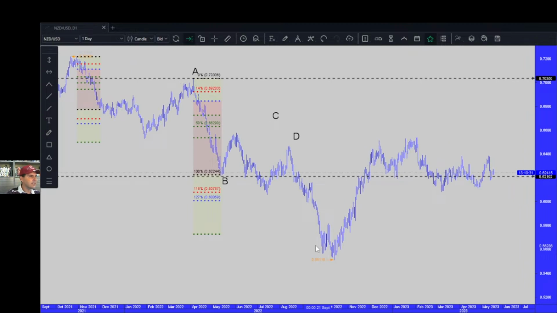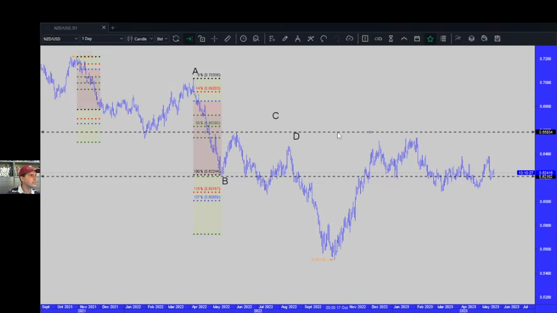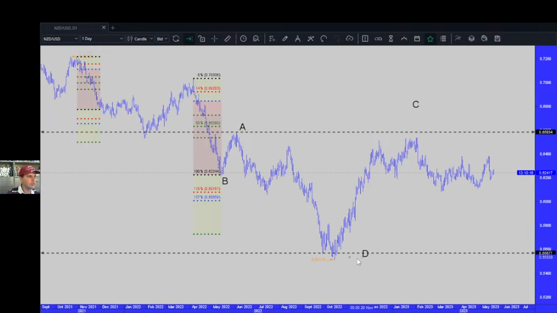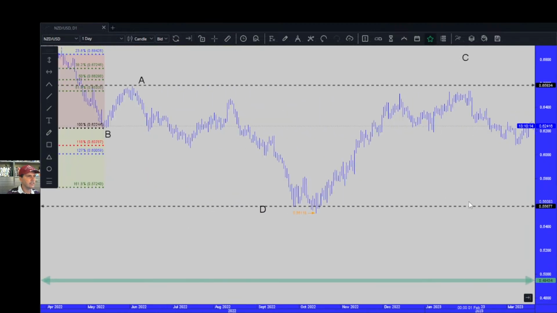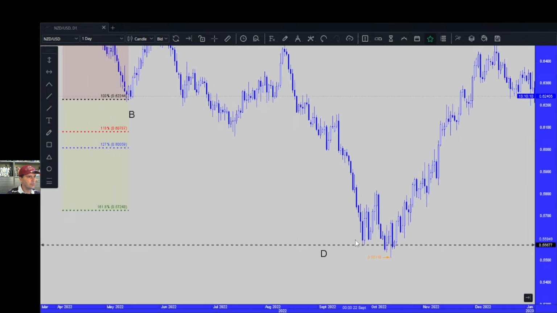Alright, everybody, we are there. So this is the most recent Fibonacci on NZD/USD daily chart. This is the A. Green goes to green, most likely is down in here. Low.